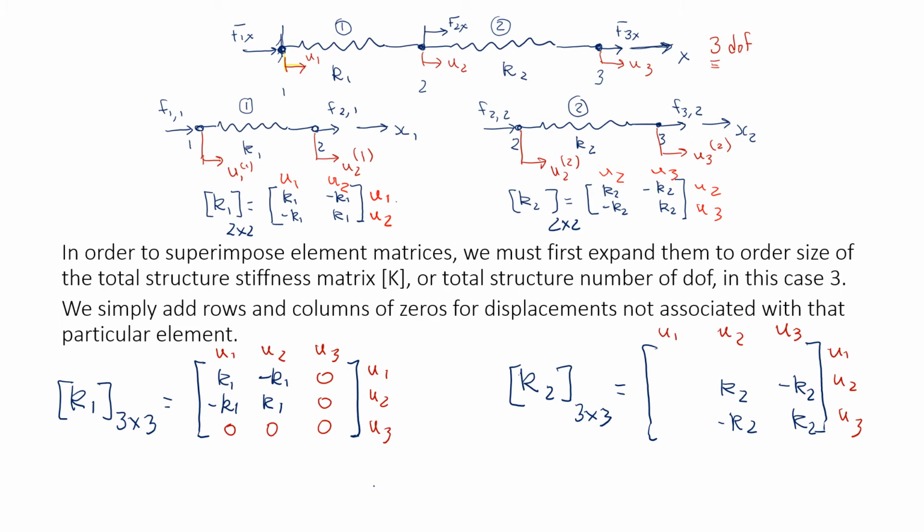For the non-existing elements, we are simply going to fill in with zeros in the rows and the columns. So these are the expanded element stiffness matrices that we can use directly to superimpose them together, or add them together, to form or assemble the global or the total structure stiffness matrix.